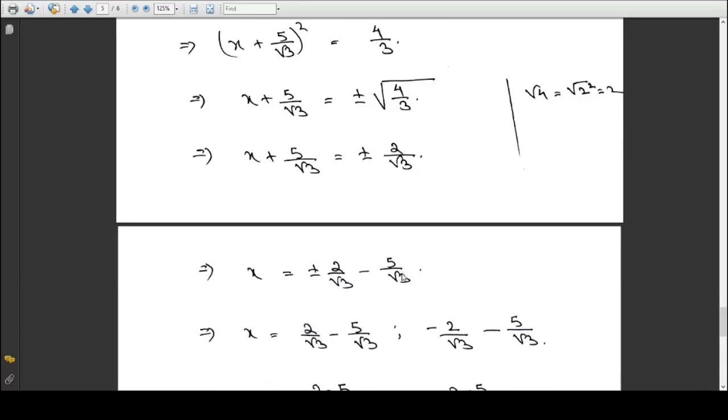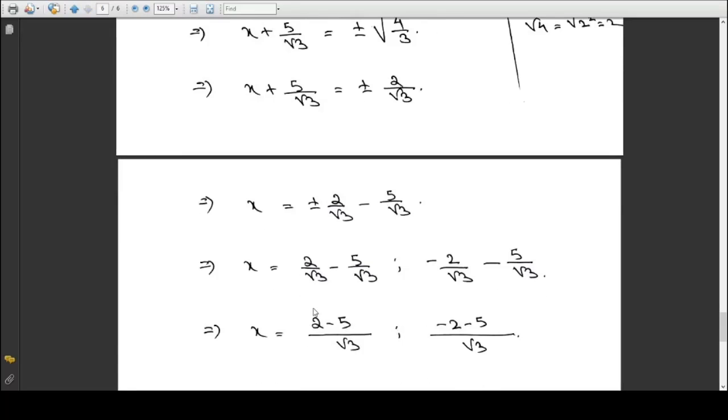One value you take with plus, the other you take with minus, that means 2 by root 3 minus 5 by root 3, and then minus 2 by root 3 minus 5 by root 3. Now root 3 is the same thing. When you take the LCM, you'll have root 3 as the LCM.